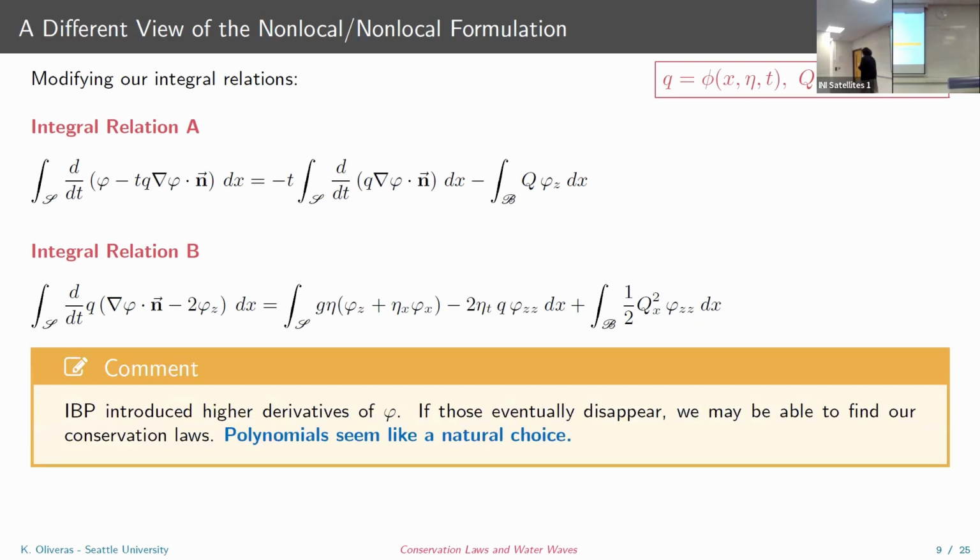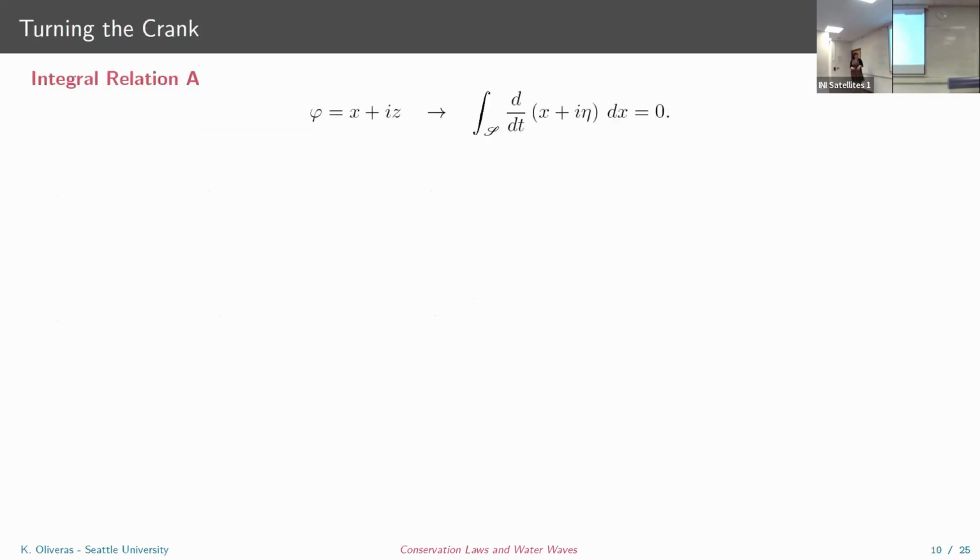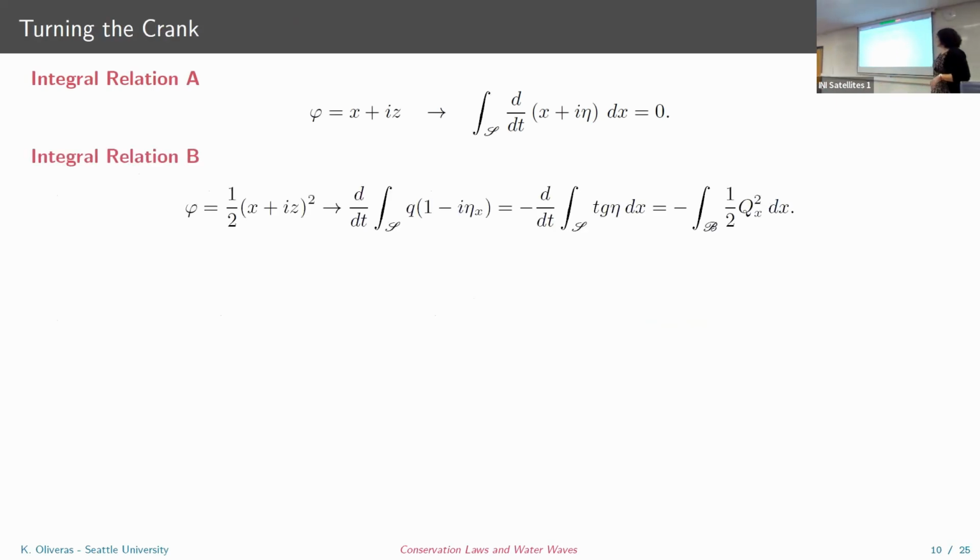So let's see what happens if we start putting in simple functions, not these functions such as cosh and sinh, but rather harmonic polynomials, meaning things that are like x plus iy or x plus iz to the power. If I just start with the first one and I plug that in, I end up with this integral equation. If I plug in the square to the second integral equation, I get this relationship here.